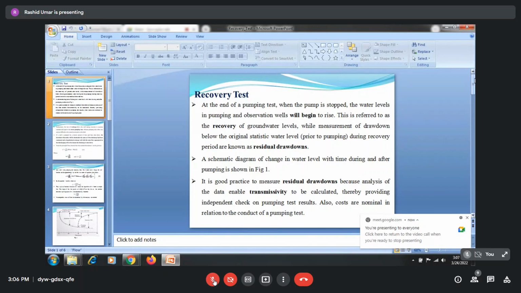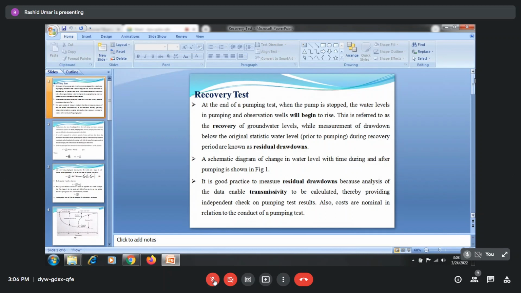Why? Because in a pumping test, we are just trying to stress the aquifer. How are we stressing the aquifer? By pumping. So it is not a natural response, but we are trying to pump the water.